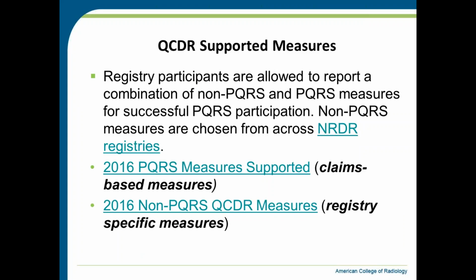The PQRS measures supported are essentially claims-based measures that have already been in PQRS programs since its inception in 2007. And the non-PQRS measures are registry-based measures, really registry-specific. They're based on participation in our NRDR registry. So it's very important to know the difference between PQRS and non-PQRS measures.